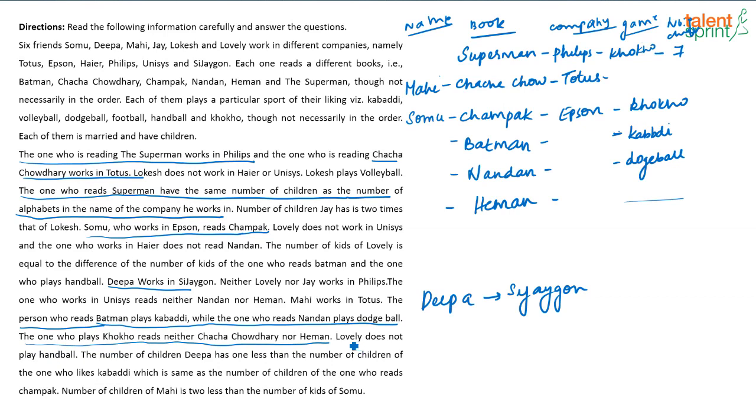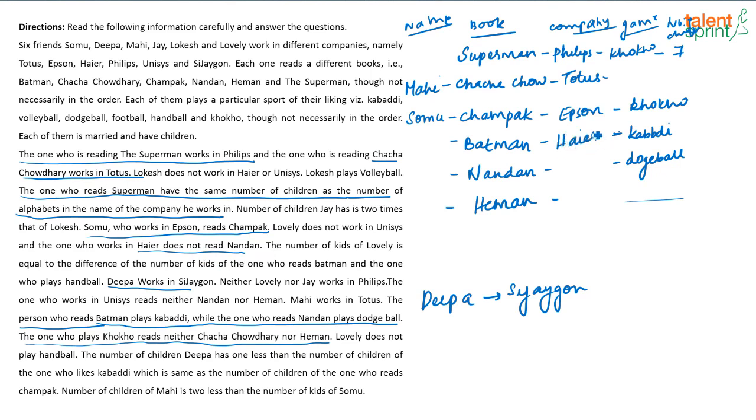Okay, now Lovely does not play handball. So this is Mahi, this is Somu. Then whom else do we fix? So Coco is here or here. Let us look at the company now. What is given? Lovely does not work in Unisys, and the one who works in Hair does not read Nandan. So where should Hair be?